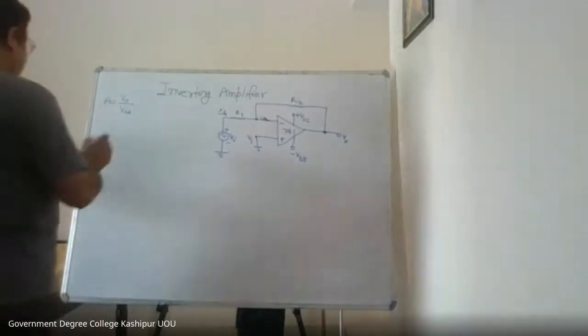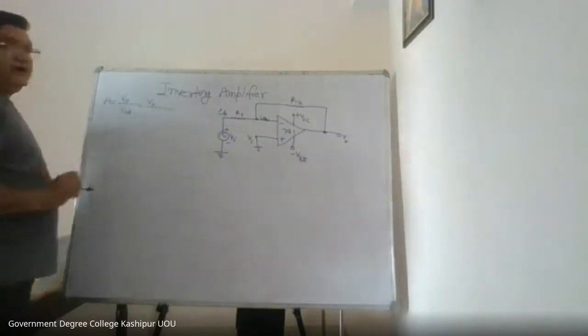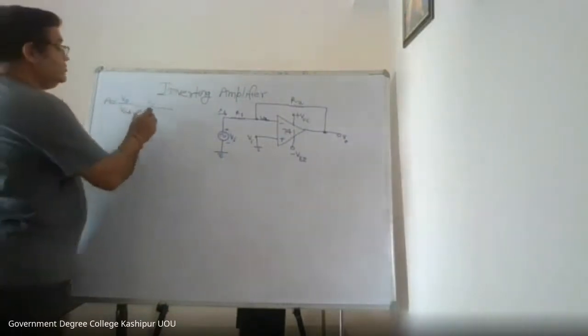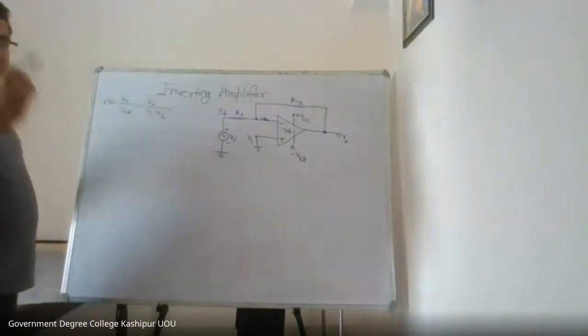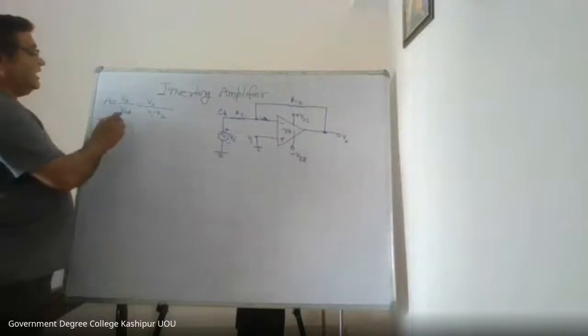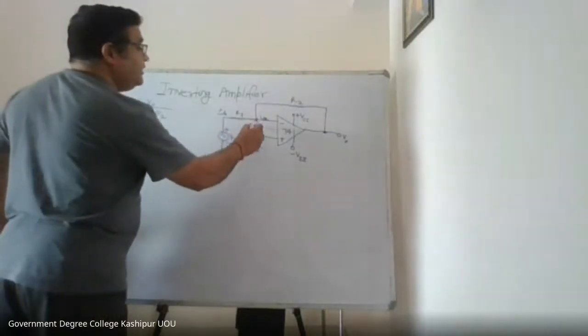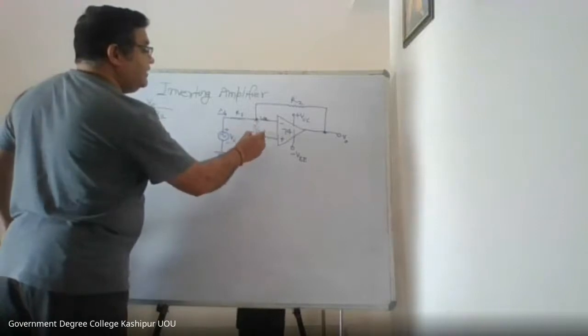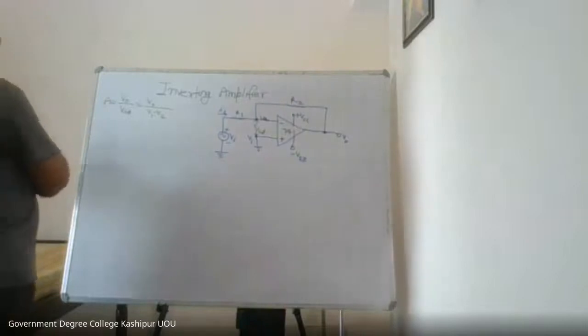Now we know that Vid is V1 minus V2. In the previous lecture, we learned that Vid equals V1 minus V2, the algebraic difference.